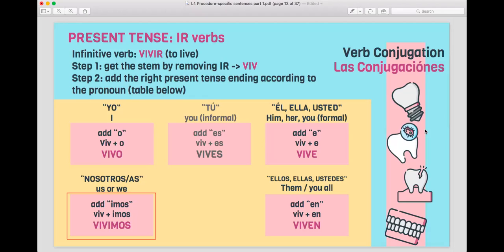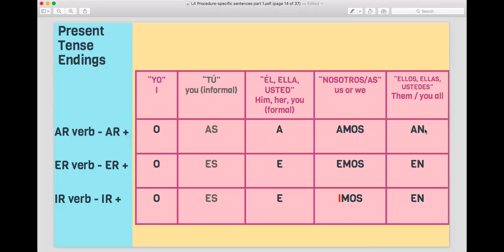So this is the verb vivir, which means to live. Yo vivo, tú vives, él, ella o usted vive, nosotros, nosotras vivimos, and ellos, ellas o ustedes viven. And then we have the verb that we mentioned, which you can always refer to.